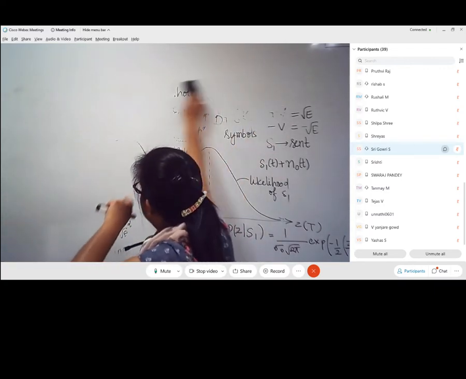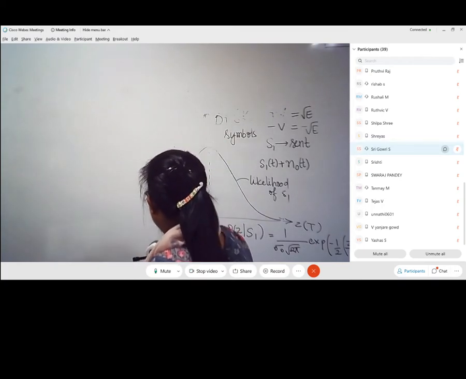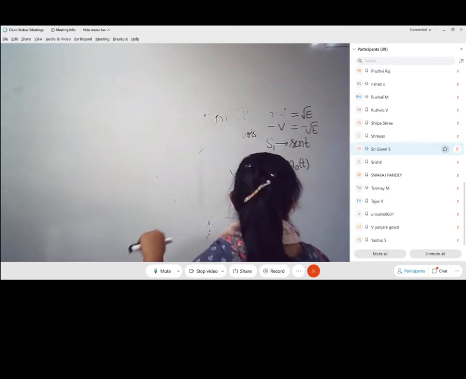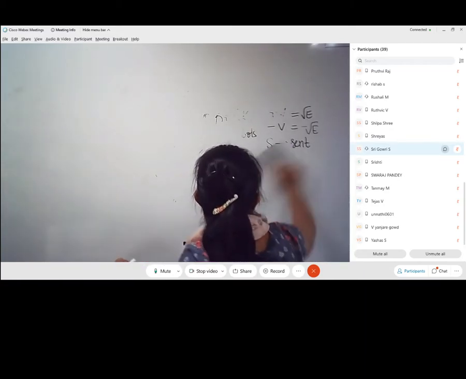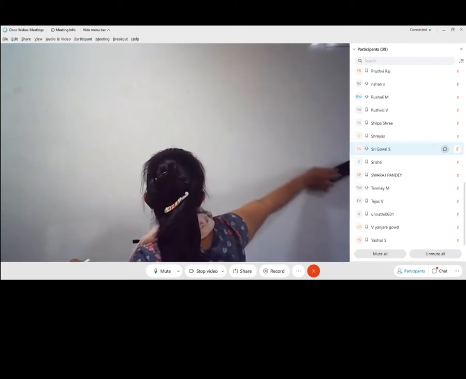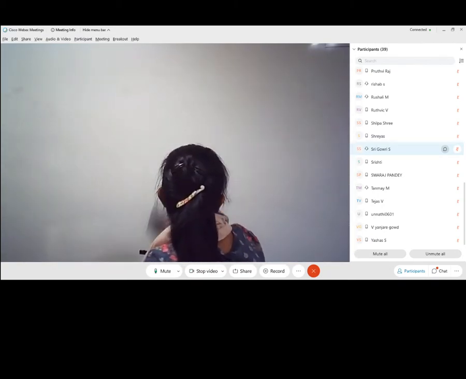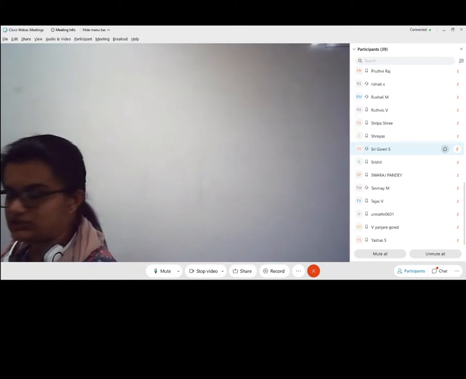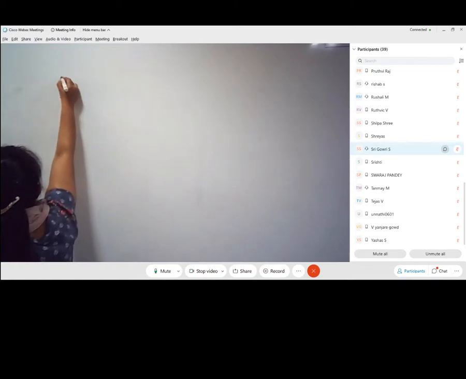Later on we will go with M-ary technique, that is M with a value greater than 2. So today we will be only discussing the two symbol PSK detection, and that too coherent detection.